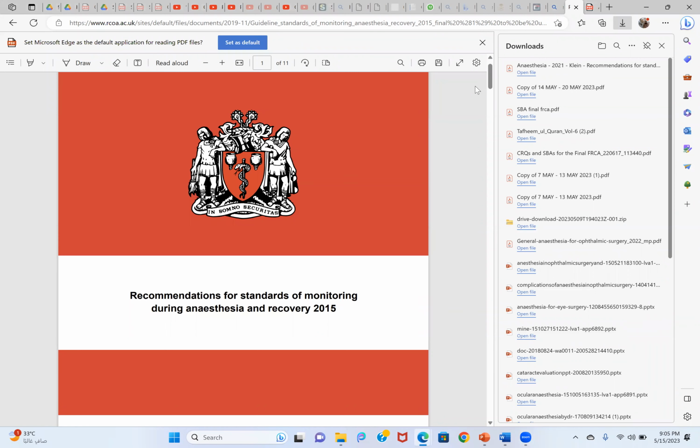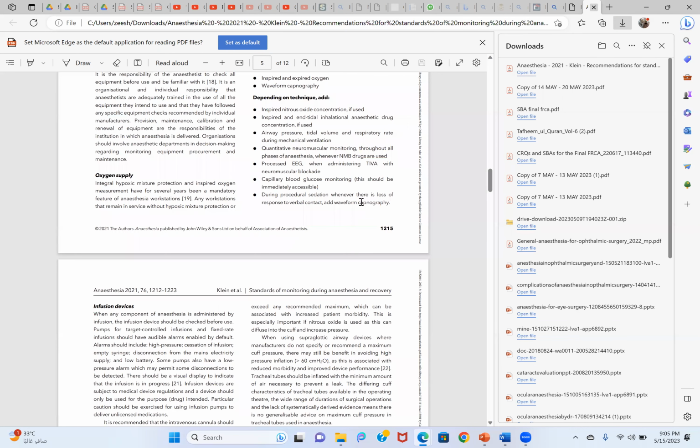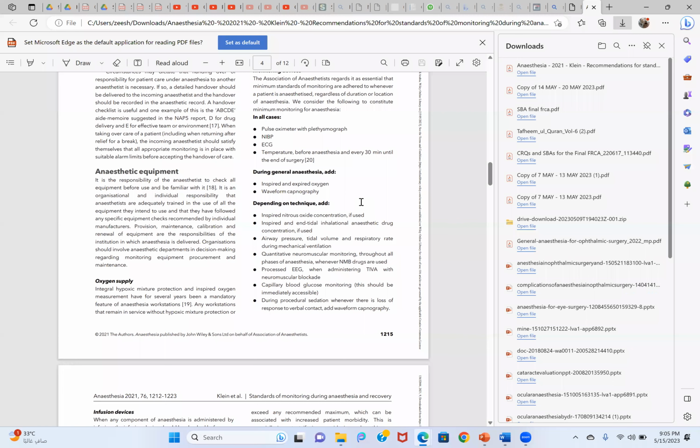We started from preoperative anesthesia assessment, chalking out risk factors. We discussed some of the investigations, then some basic principles about complications. Yesterday we discussed a basic plan about analgesia. So today we will have a look at how to monitor a patient.